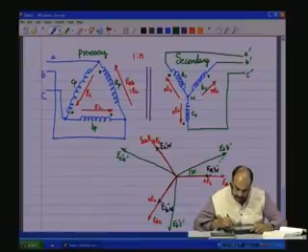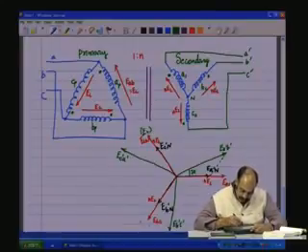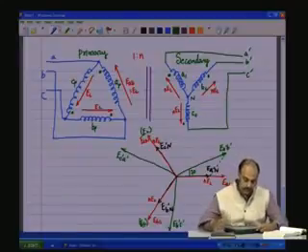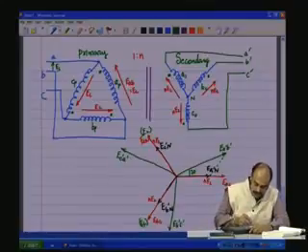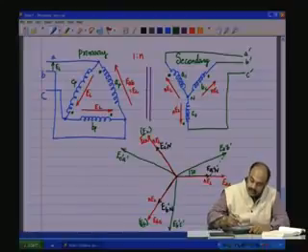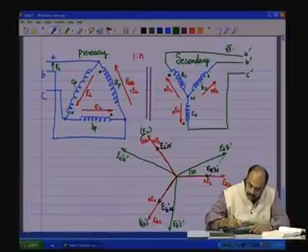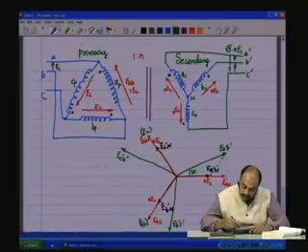The values are EL, EL and EL in amplitude. That is, if we apply EL as the line voltage on the primary side, this EL becomes converted to N times EL on the secondary phase coils, which becomes root 3 into N times EL on the terminals of the secondary of the transformer.